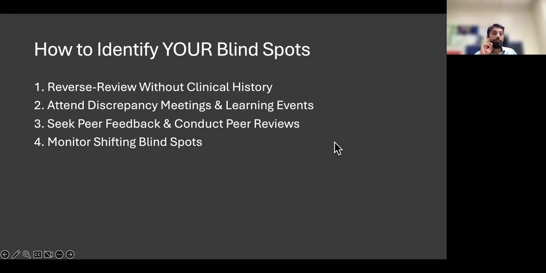For example, one of the things I always tend to do is not look at the clinical history first. Just review the imaging blind, even if it's for a few seconds, right? So imagine you've got a chest x-ray, and you look for the first few seconds at what's going on. Yeah, it looks normal.